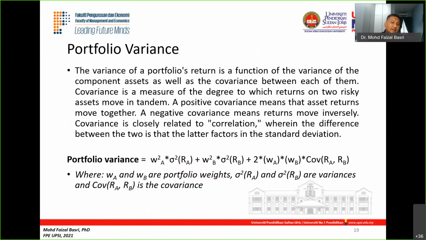And finally, the portfolio variance. For this one, the formula is indeed slightly long. This is the formula as a whole, but you can split it into three sections.